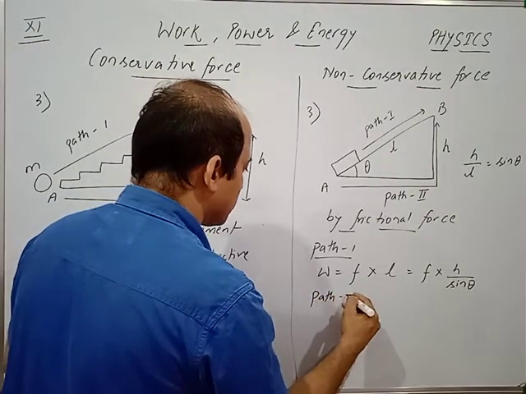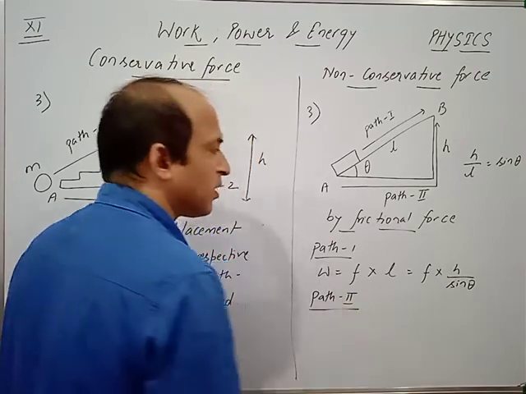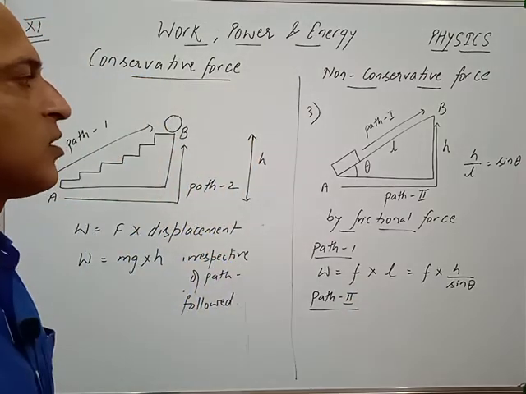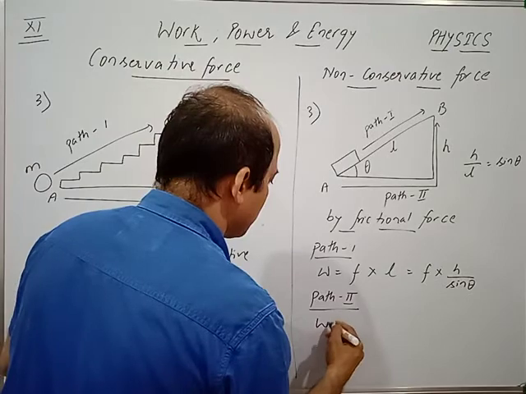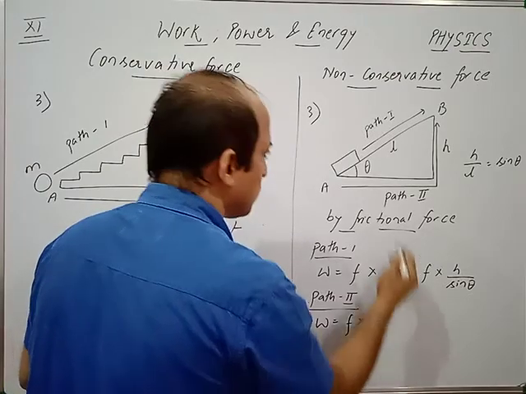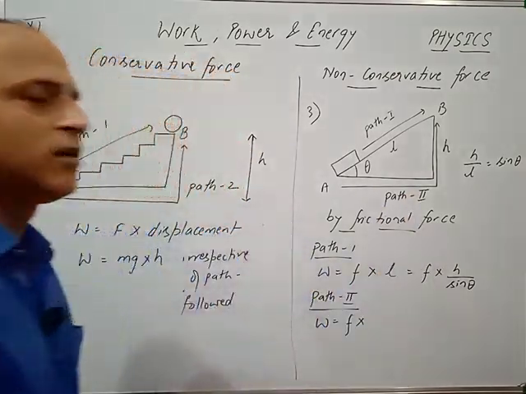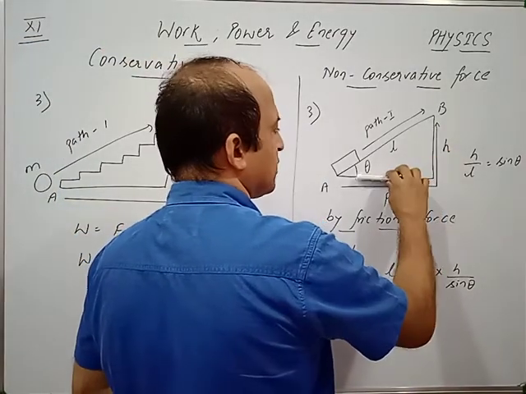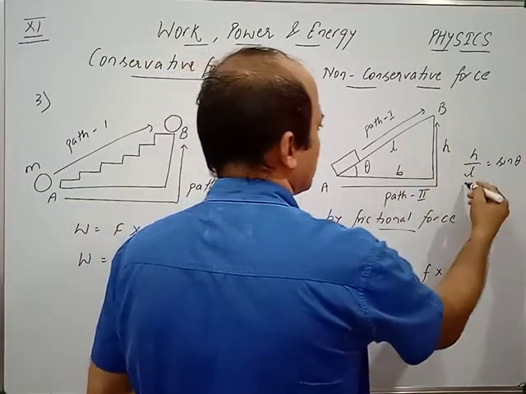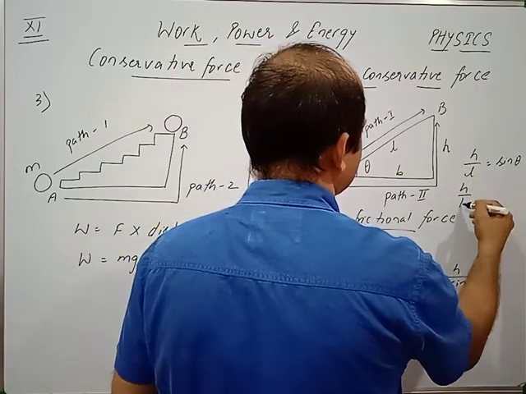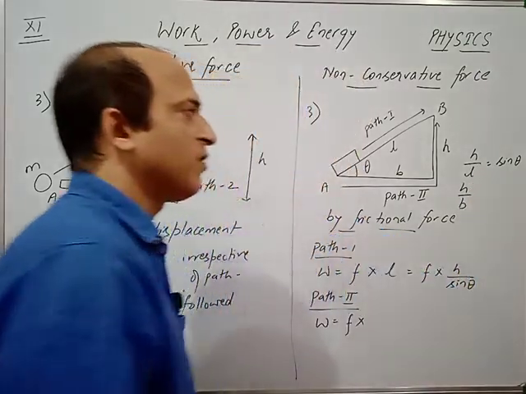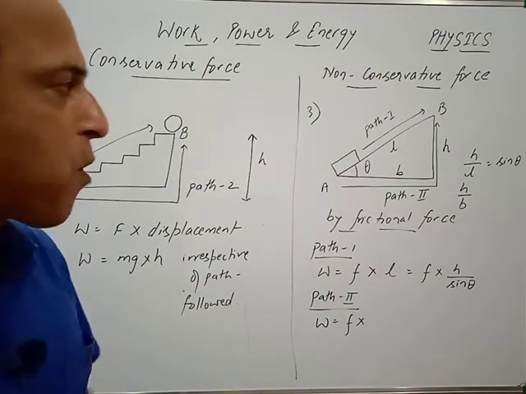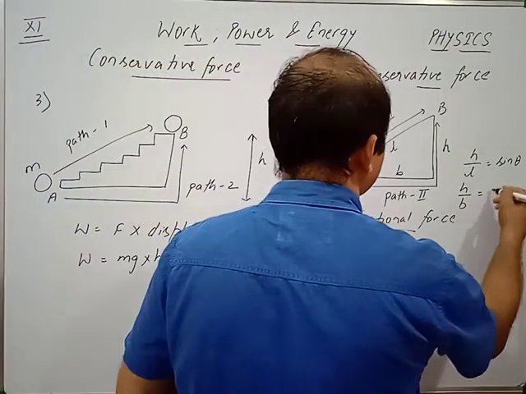Now if you move along path 2, what will happen? Then you know you're traveling through the base and you're traveling through the height. Therefore work done will be equal to F into the length of the base, which we have to find in terms of h. See, this is h, this is the base, say B. So perpendicular upon base comes out as tan theta.